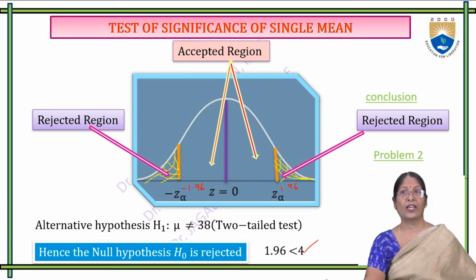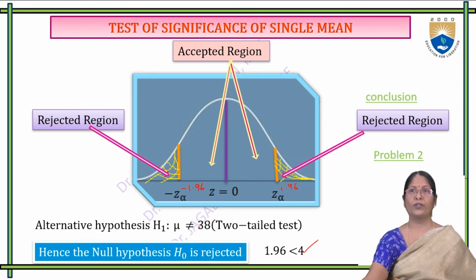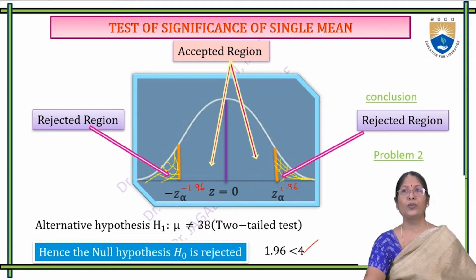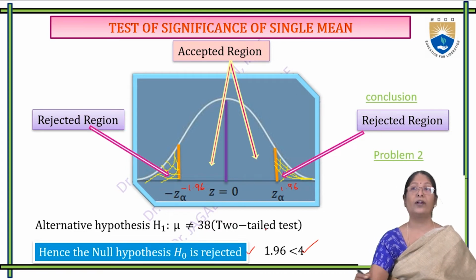So the calculated value is more than 3, and the null hypothesis is rejected. We can tell easily instead of doing all these steps. So mu not equal to 38 is a two-tailed test, and we find the null hypothesis is rejected.